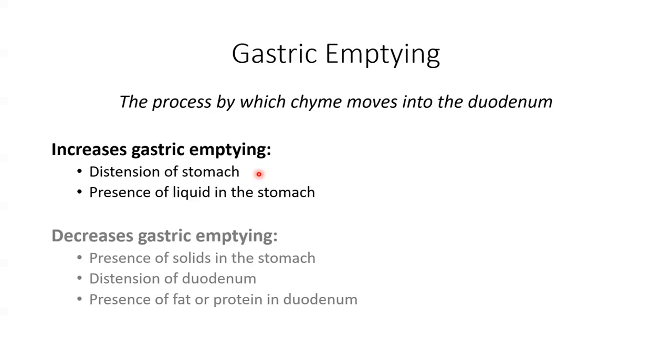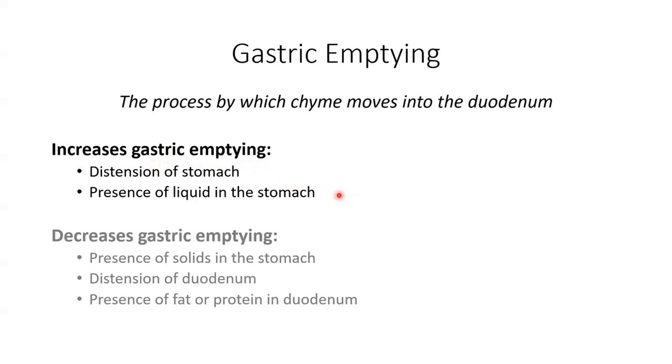Those gastric rugae will unfold and your stomach expands. How full or expanded your stomach is will influence the rate of gastric emptying. The more distended, it means that we have more food ready to be digested and then absorbed. So we want to get this process moving so it will increase gastric emptying.